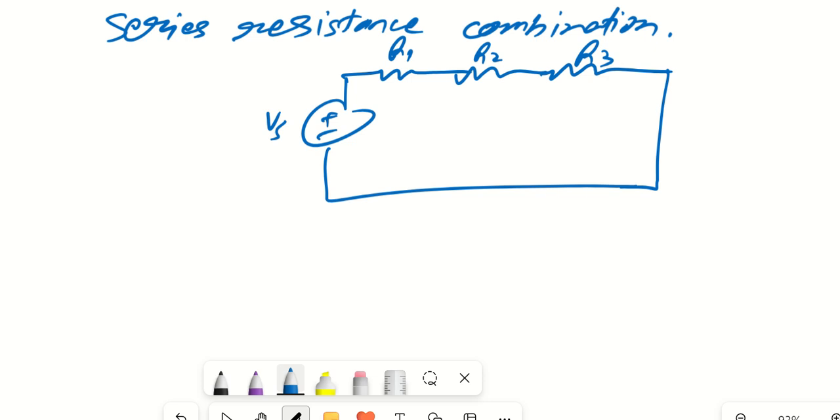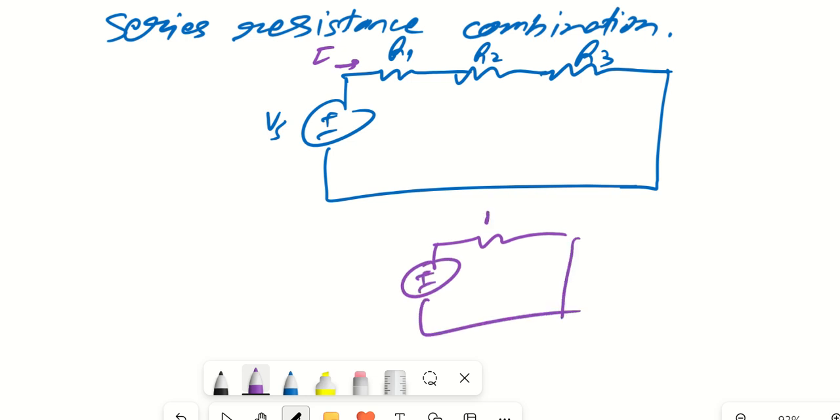Now what will be the series combination of each of them? So can I write it down? Let us say the current flowing through this is I, and we already know if it has a combination like this, this is my Rs.